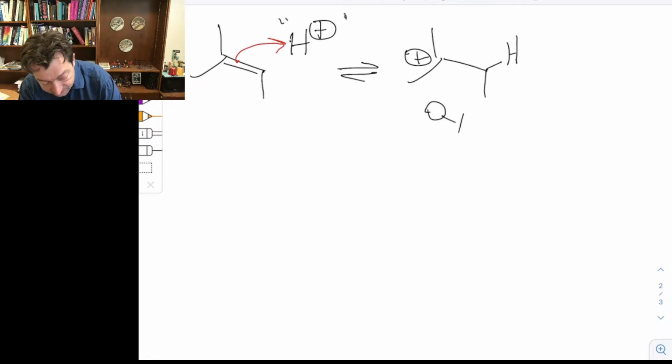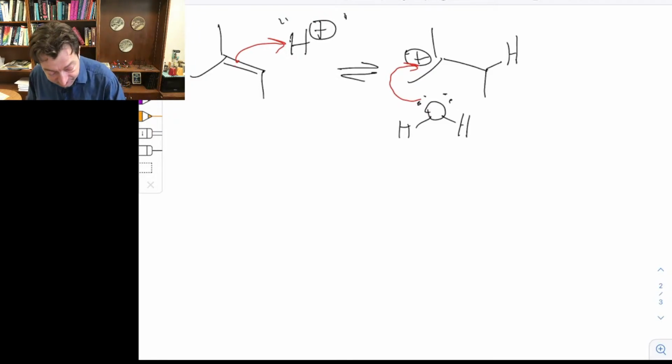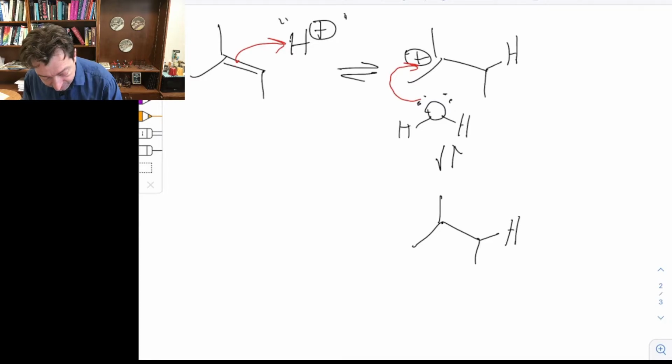And now the mechanism, and this looks familiar, hopefully, quite a bit from what we were drawing earlier when we were looking at the E1 and SN1 reactions. We've got a carbocation now that's formed. We have attack of that carbocation by a nucleophile, in this case a molecule of water. And we know quite a bit about how good, or more correctly, how bad that is as a nucleophile.